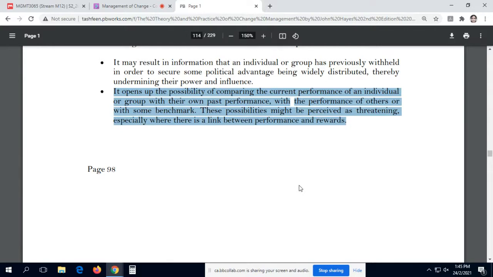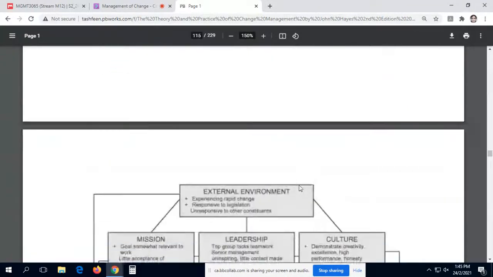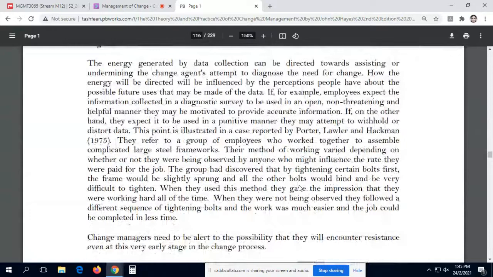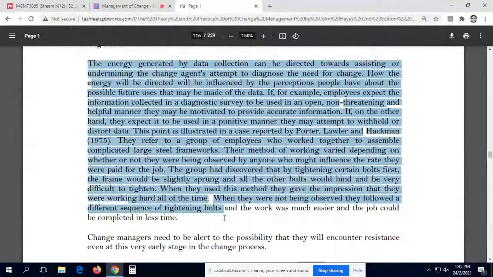They have given a very interesting example in this section. Please read the section carefully after the picture, and you will find the example very nicely.